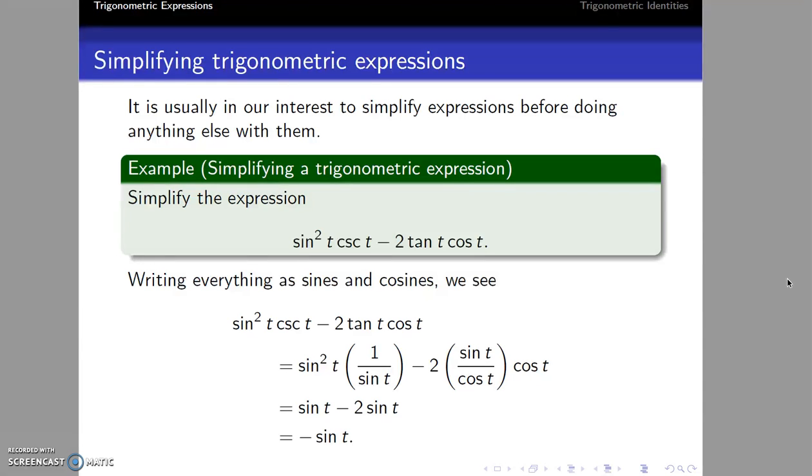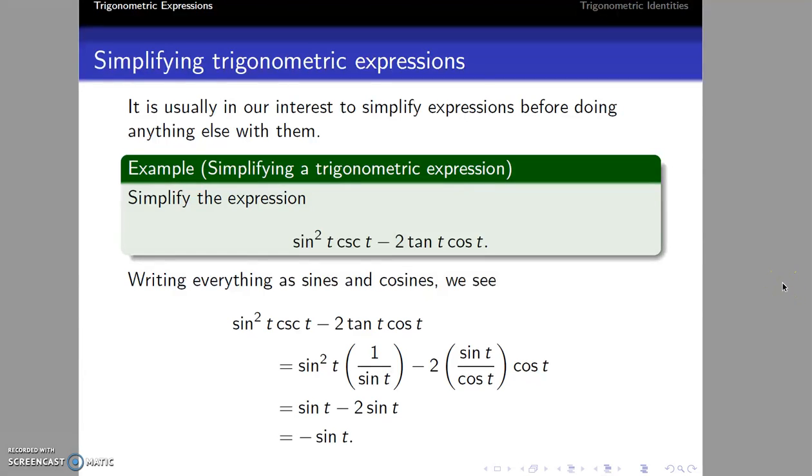For whatever number cosine comes out to be, again with one noticeable exception, we'll get to that, cosine over cosine is 1. So after I cancel out my trig expressions, I've got sine t minus 2 sine t. Well, that reduces down to just negative sine t.